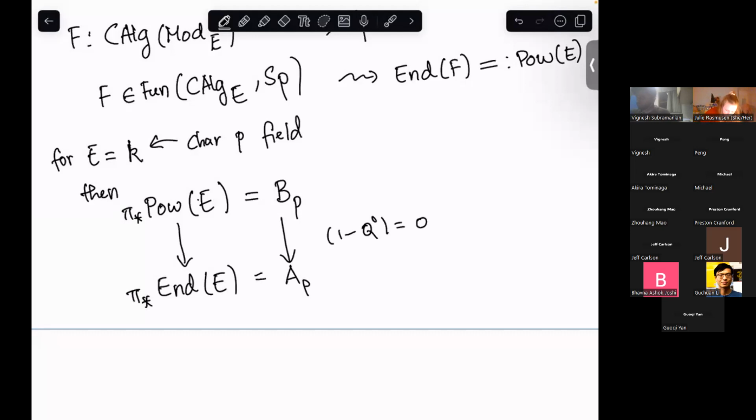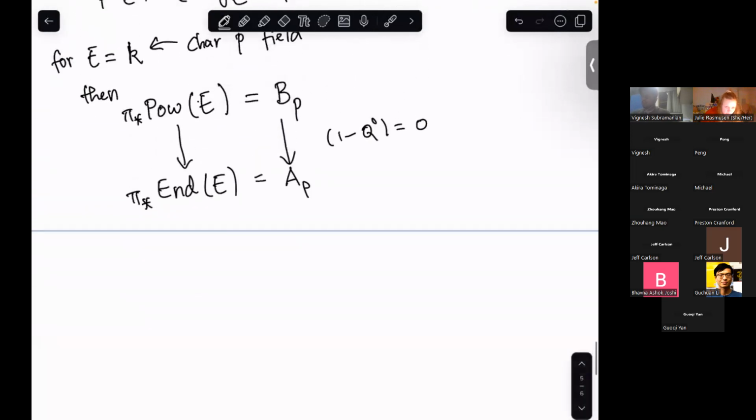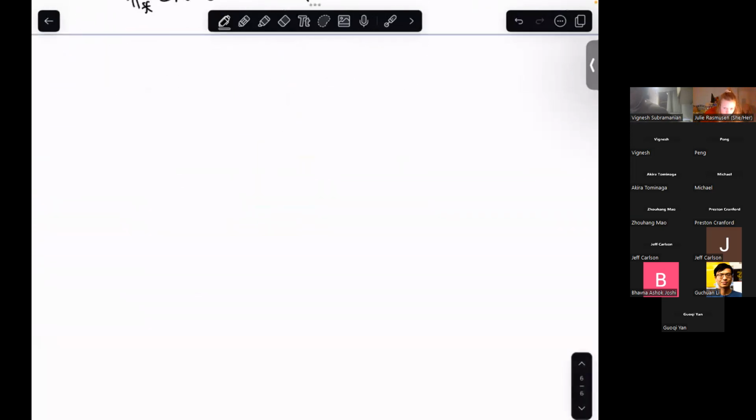Okay. So we have the algebra of power operations. And what happens is that if you consider commutative algebras over K, there is a forgetful functor into mod K, but it actually factors through the modules over power operations.